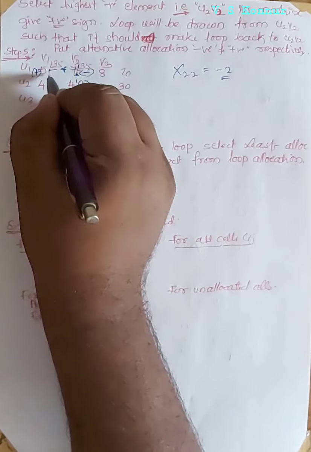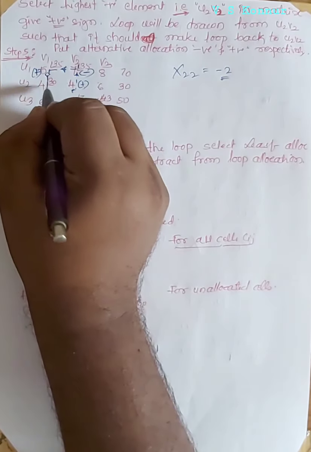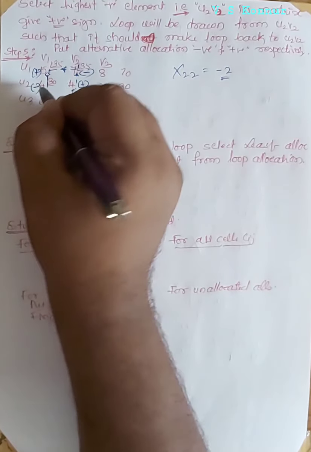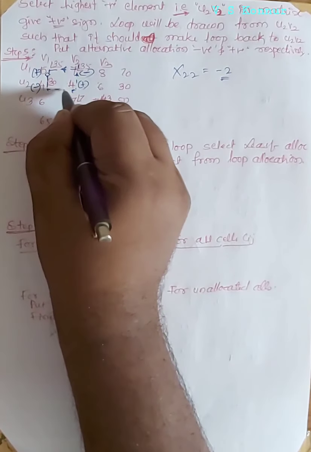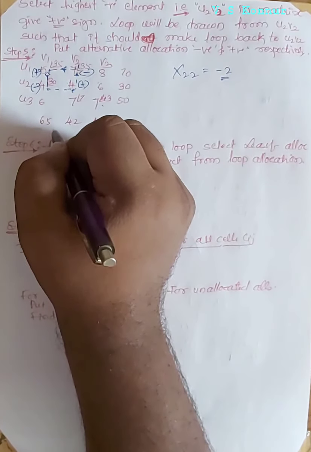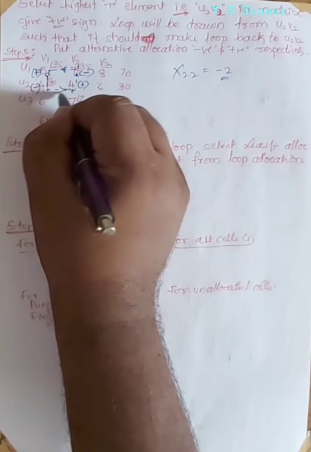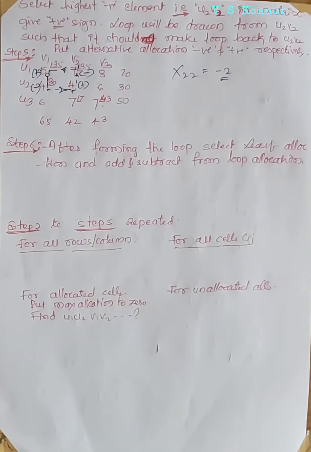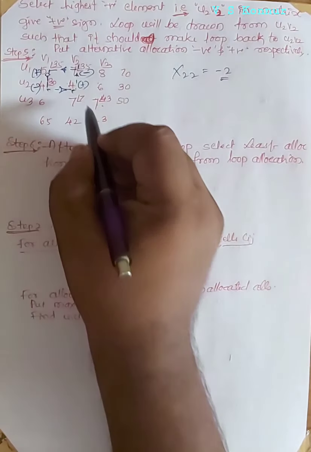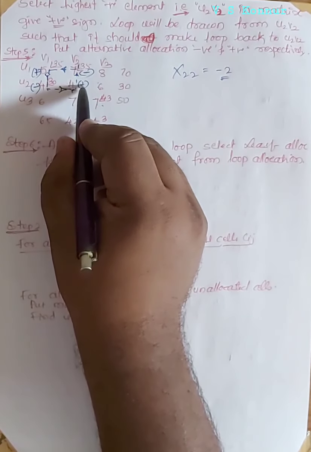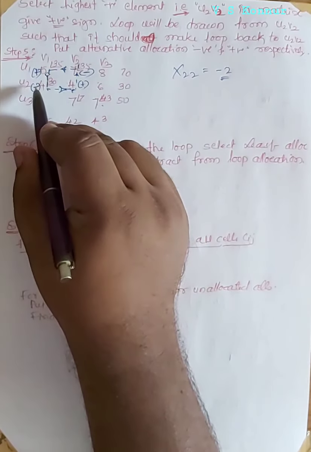Next, the allocated cell, here I will give negative. Once again it should come back to the original. After making a loop, it should come back to the original. It started at x22, and it has come back to x22. This is how you have to draw the loop. Now plus is given, minus is given, plus is given, minus is given.